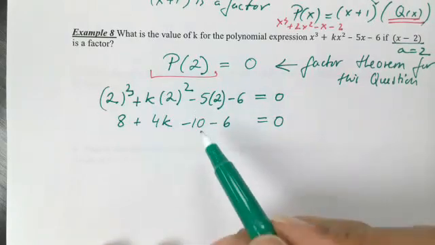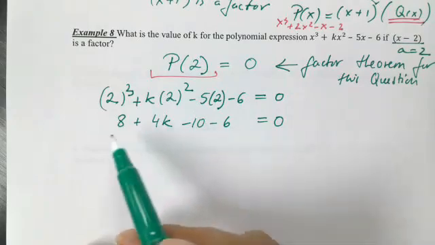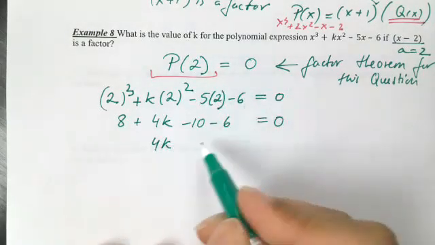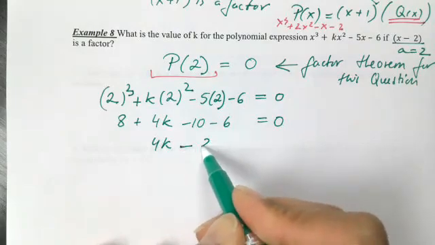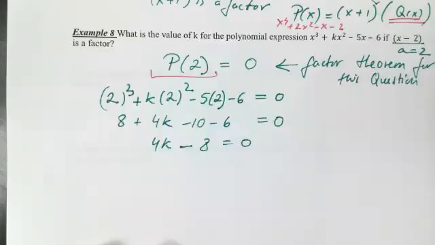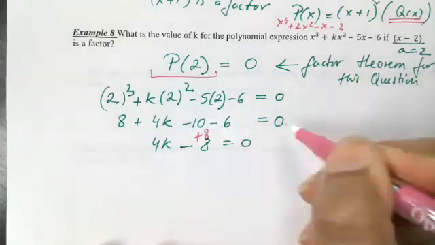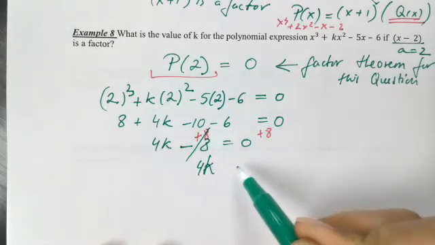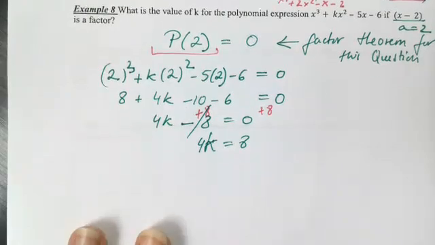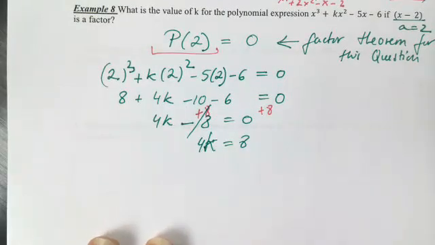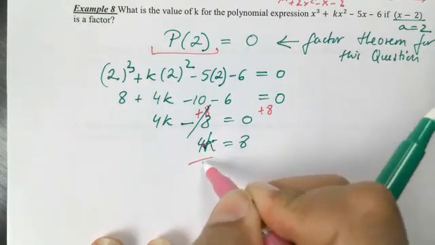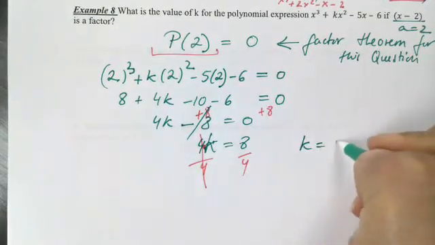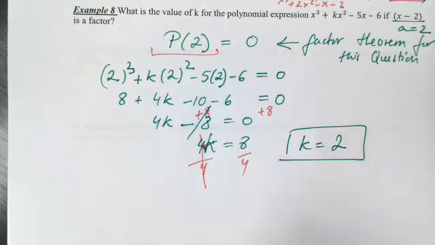Putting the like terms together, we have negative 16 plus 8. What does that equal? Negative 8. And then we can add 8 to both sides. 4k equals 8. And then how do we eliminate the 4 times k? Divide by 4 on both sides. k is 2.